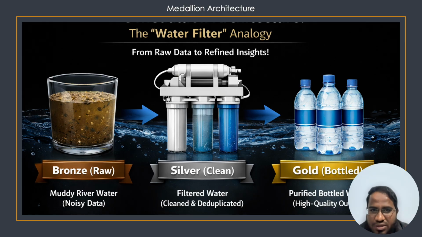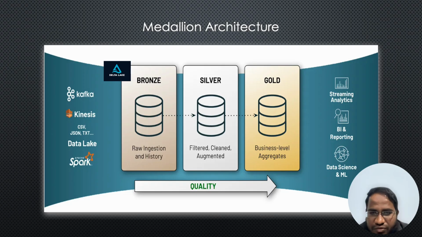Basically, bronze is the muddy river water, which is our noisy CSVs, and silver is filtered water, cleaned and safe to look at. Gold is ready to drink in a packaged bottle, added with minerals, etc. And the same thing we follow here, like how we converted our CSV into a bronze table.